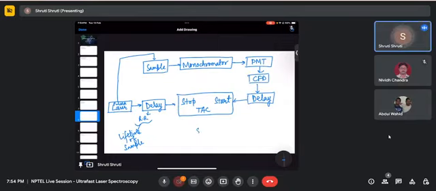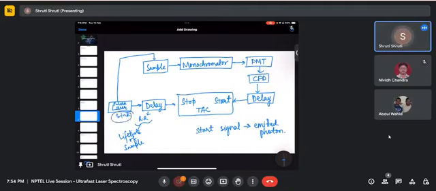Temporal width. Even the FWHM will be some 60 to 80. Not in the wavelength scale, in the temporal scale, picoseconds. In the temporal scale it will be 60 to 80 picoseconds.